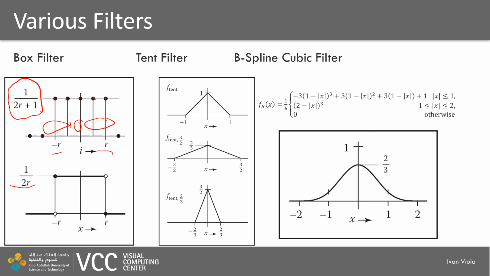This filter kernel is defined to have value 1 for x in the closed-open interval minus r, r, and it is defined as 0 elsewhere, so for x from minus infinity to minus r, open, or from r, closed, to plus infinity.